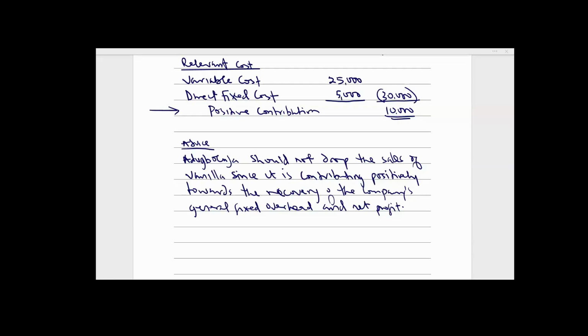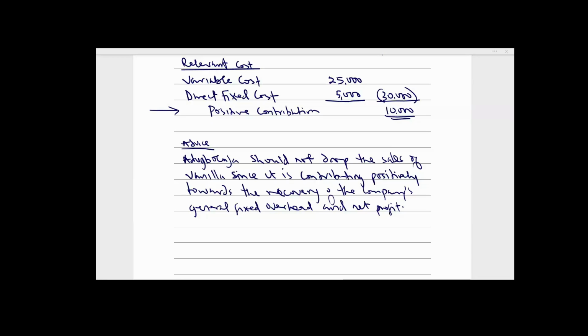Then, of course, at the end of the day, you are supposed to compare the contribution of banana with the contribution of vanilla. So if contribution of banana is higher than the contribution margin of vanilla, then you can say the company should go ahead to switch to producing banana.